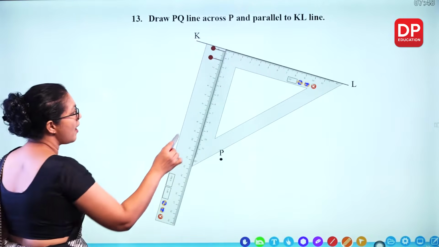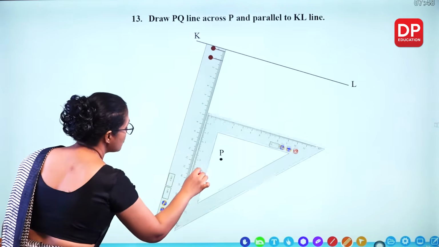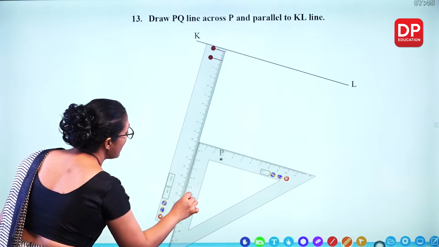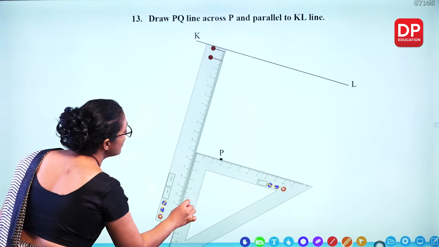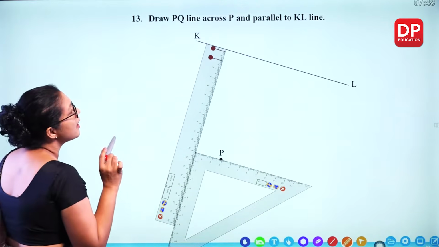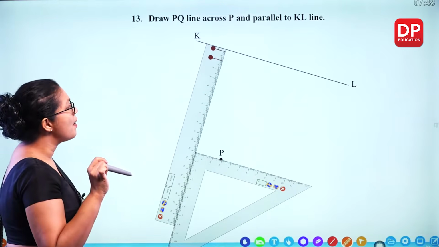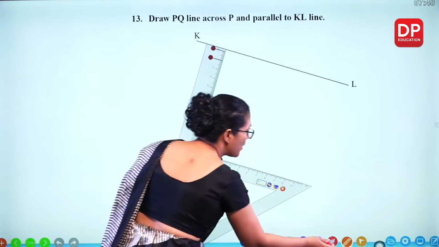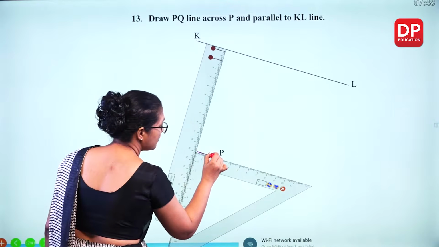And then you have to drag the set square like this so that you get the line parallel to KL line as well as passes through the point P. Now we can connect. So you draw the line.